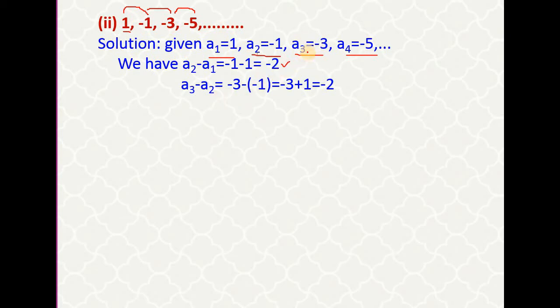A3 is minus 3, then minus A2, and A2 is minus 1. So minus 3 minus of minus 1. Here we multiply the signs: minus into minus is plus. So minus 3 plus 1 is minus 2.